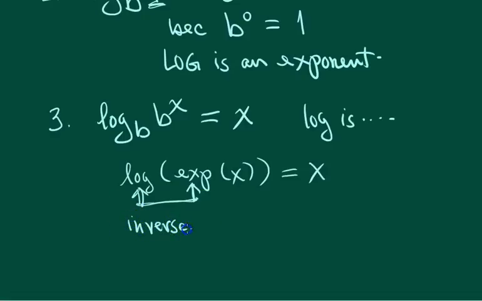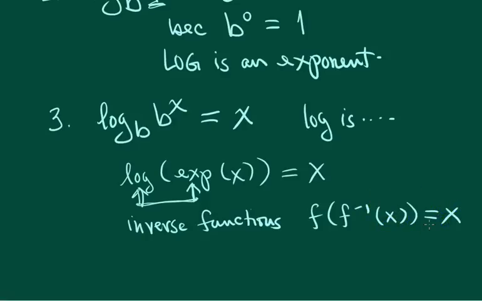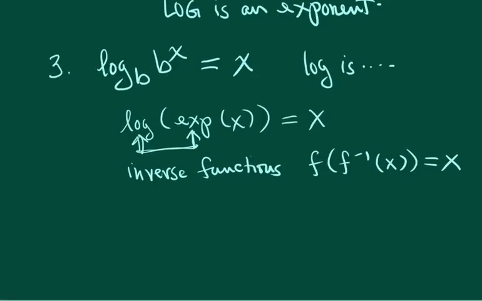These are inverse functions, and whenever we have f of f inverse of x, we have, in effect, an identity function. Now, this works the other way around too. If we had f inverse of f of x, then we would have an identity function.